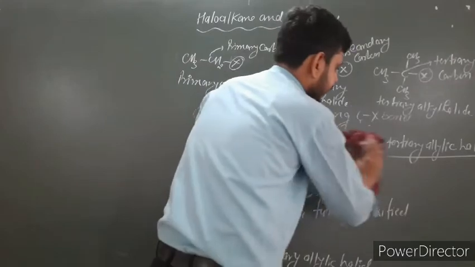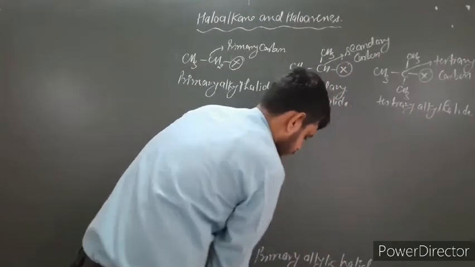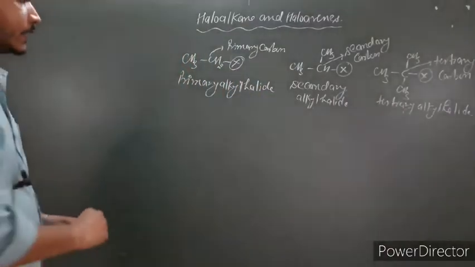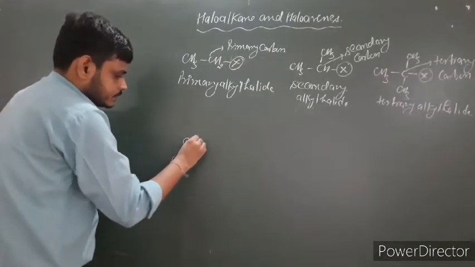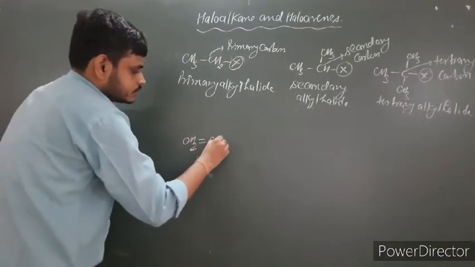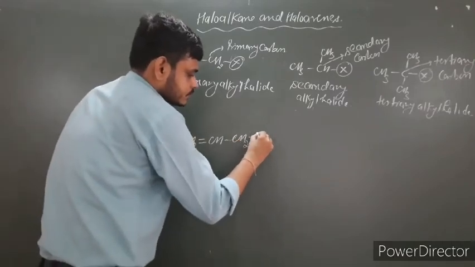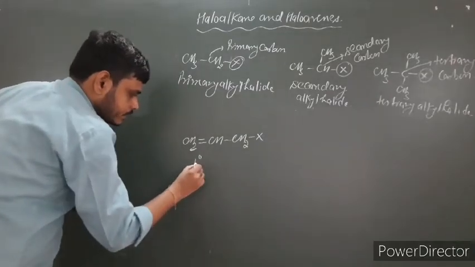And in allylic halide, classification of allylic halide. CH2=CH-CH2X is the primary.